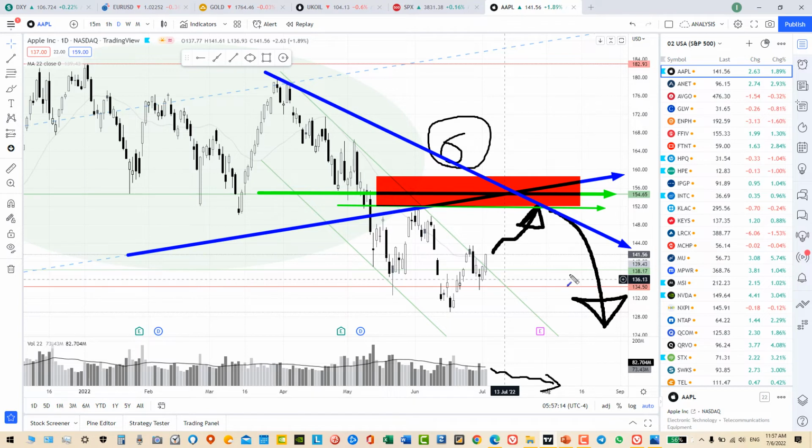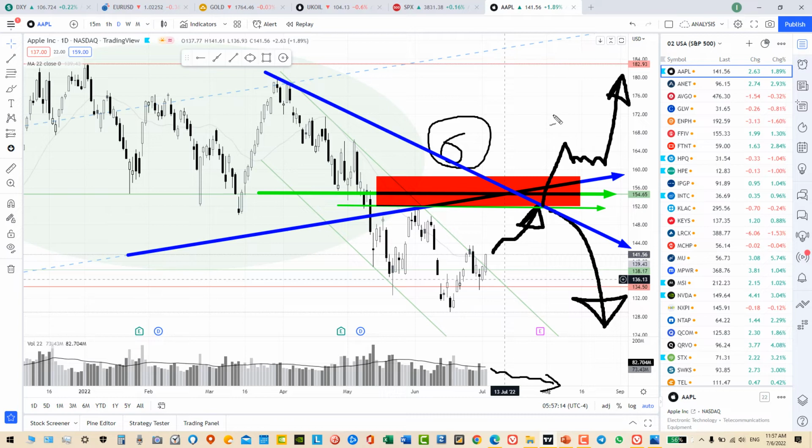Of course, the exceptional scenario with a low probability would be a break above all these resistances and continuing upwards again towards the 182 monthly resistance, which is not likely.